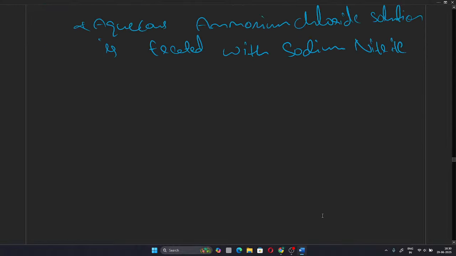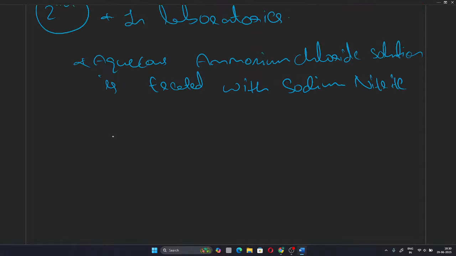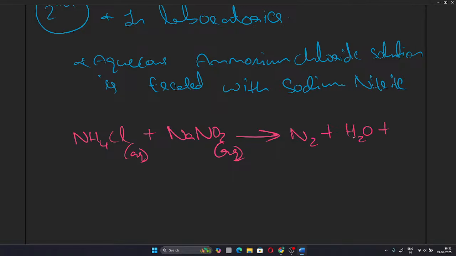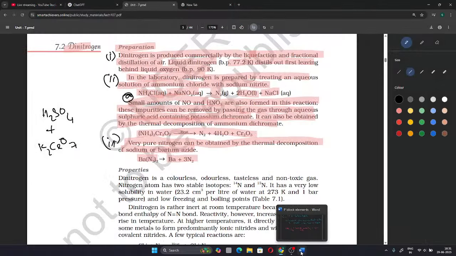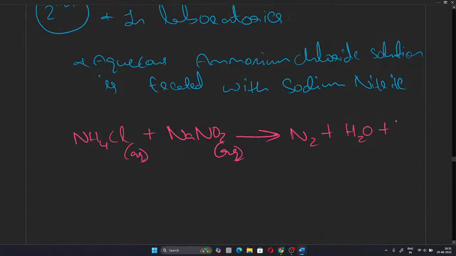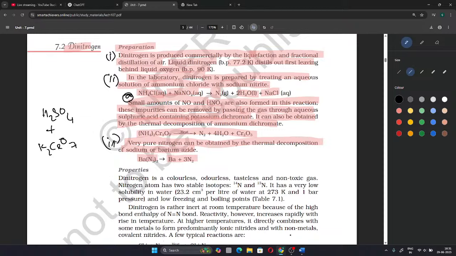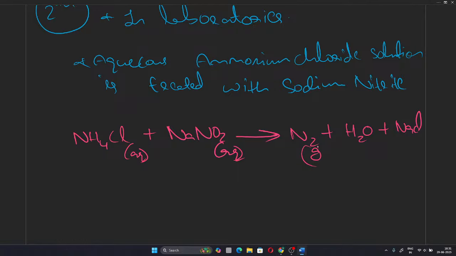This is NH4Cl giving NaCl. We will get gas, meaning this will evaporate. This is aqueous, this is liquid.